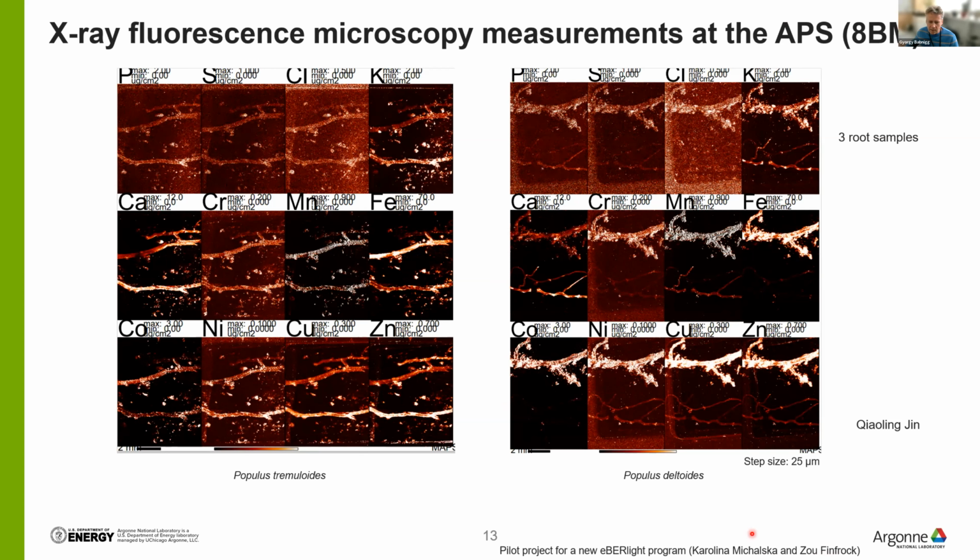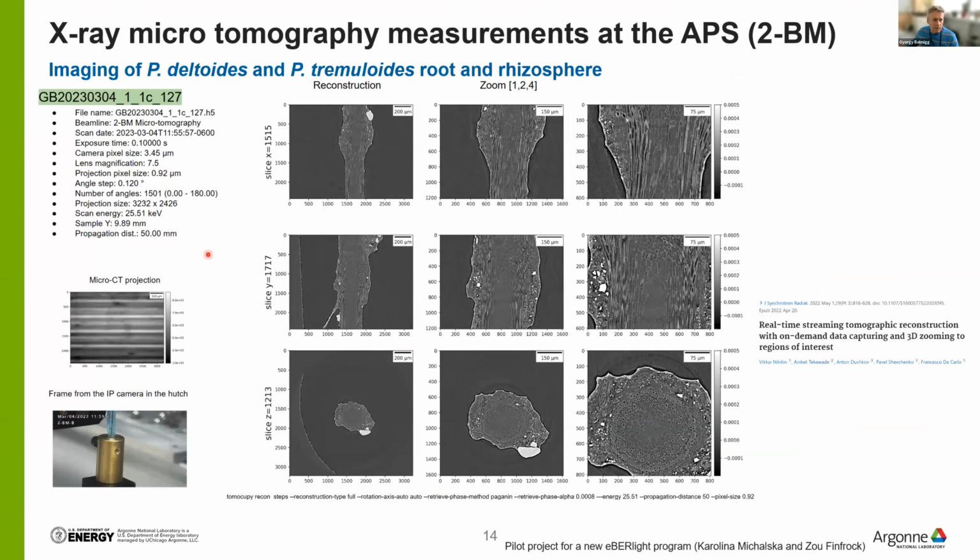And I have to mention that what I've shown you here is really part of a pilot project that Carolina and Zoe are heading. So this is, again, another part of the pilot. Since we had the root samples, courtesy of this pilot, we were able to look at the 2-BM to perform micro CT.